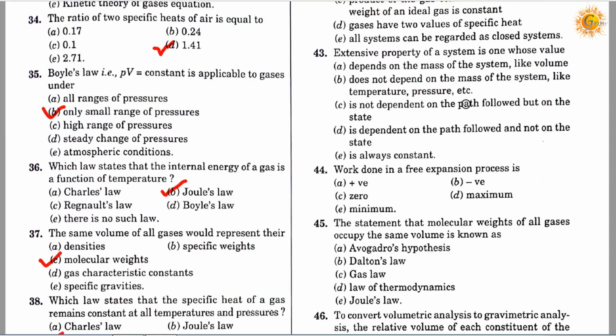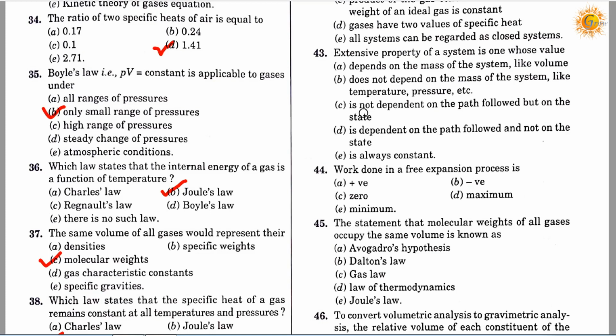Question number 43. Extensive property of a system is one whose value, option A, depends on the mass of the system like volume. Option B, does not depend on the mass of the system like temperature and pressure.